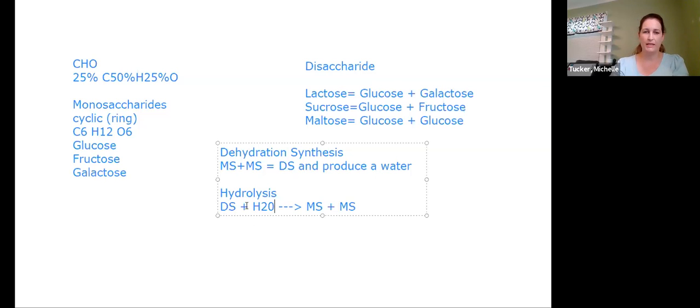Because you had 1 unit here, and if you're breaking it apart, now you're going to have open bonds. Molecules don't work that way. You've got to fill those bonds back in with something. And that something is the hydrogens and the oxygen that's going to come from a water molecule.